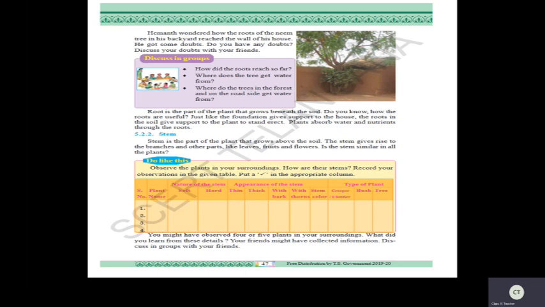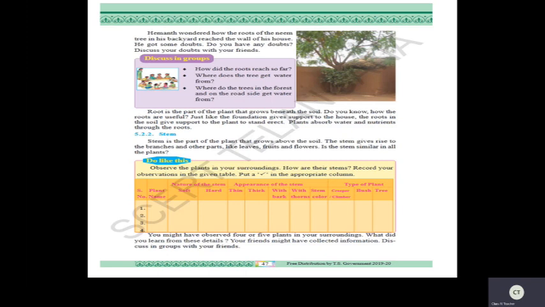So what will big trees and plants do? Slowly these roots will enter into the soil and search for water, and with the help of the secondary roots, slowly they will absorb the water and send it to the stems. From the stems it will go to the branches, and from the branches slowly to the leaves.